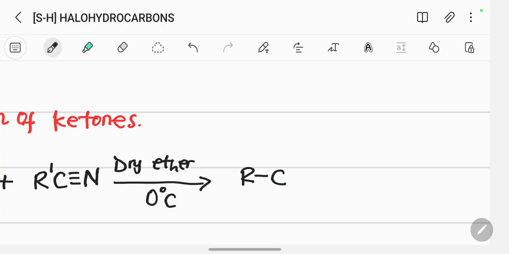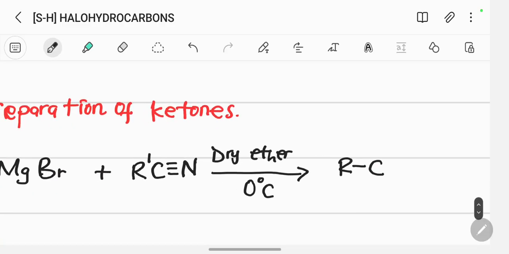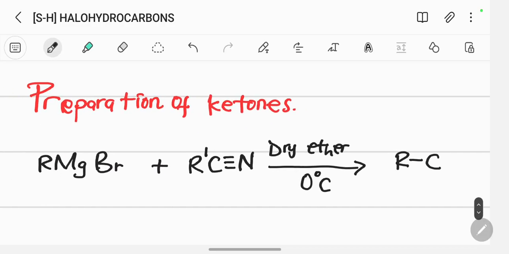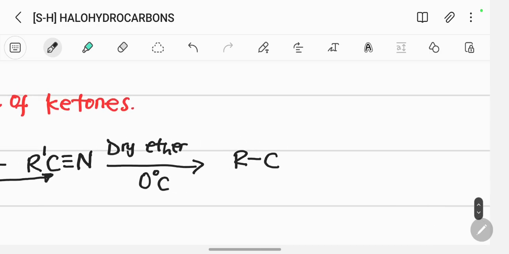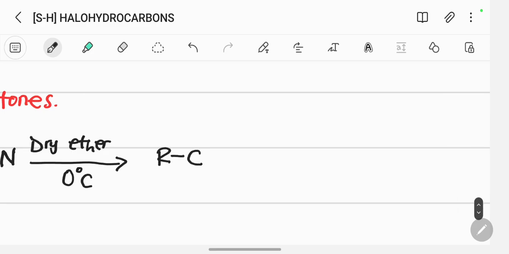So this is what Grignard does. It's going to give this, that R, or that alkyl group is going to be given to that carbon atom having nitrogen, such that one bond is taken.